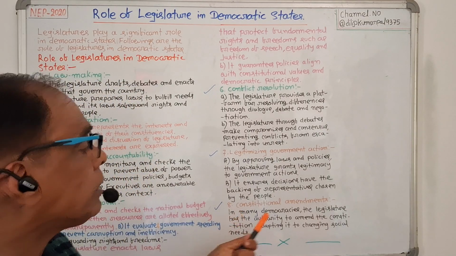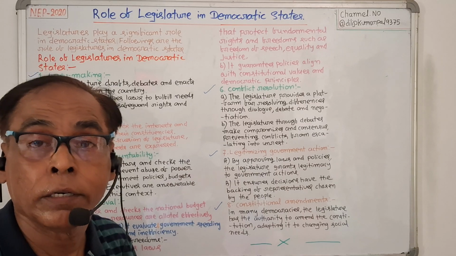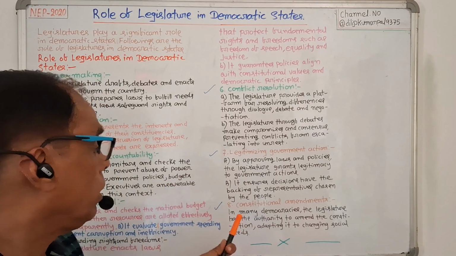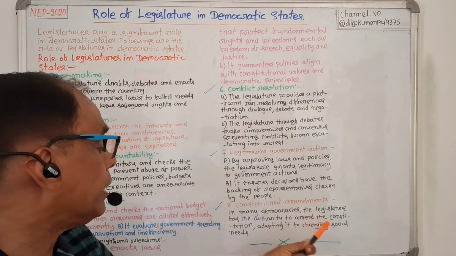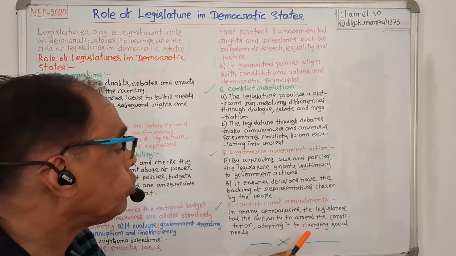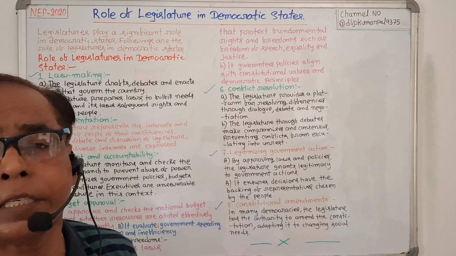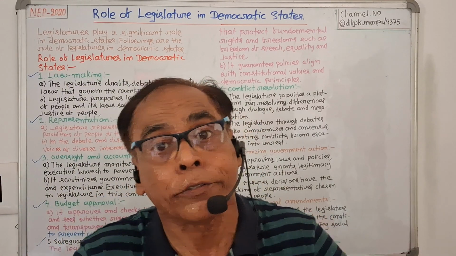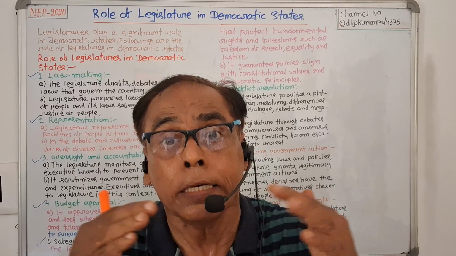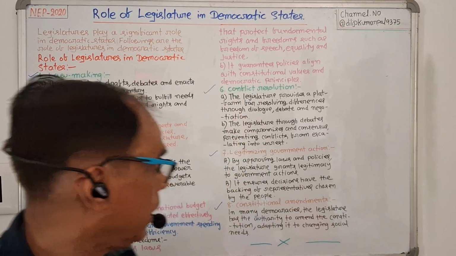Then finally, constitutional amendment. Another function of the legislature is constitutional amendment. In many democracies, the legislature has the authority to amend the constitution, adapting it to changing social needs.